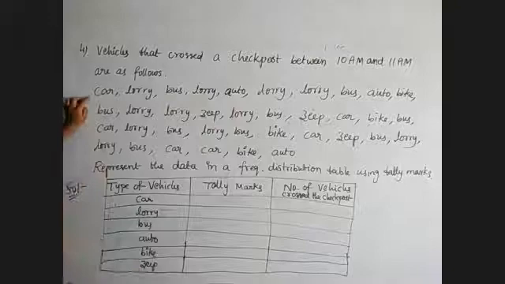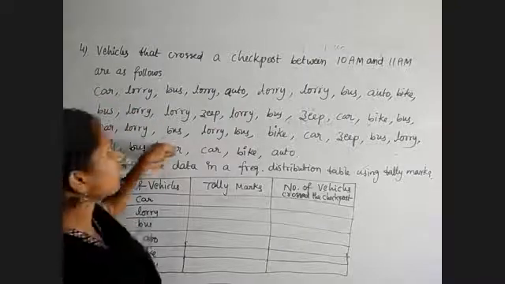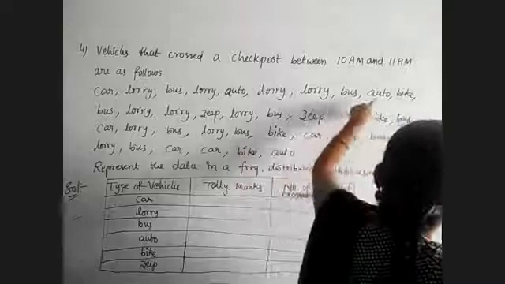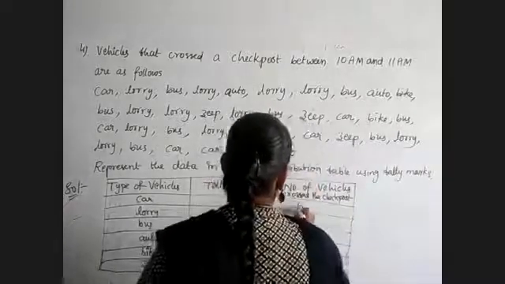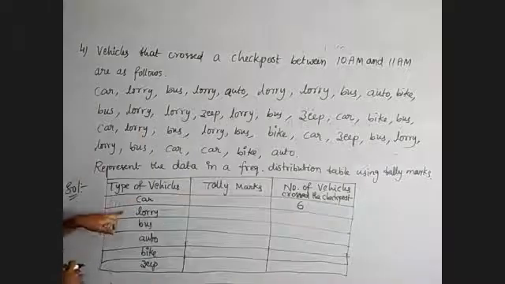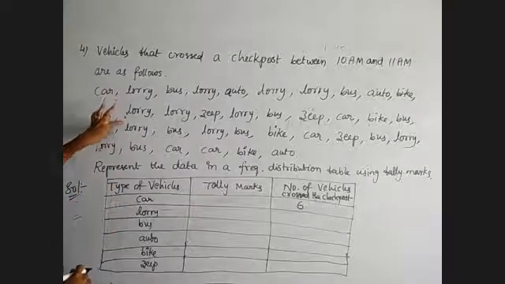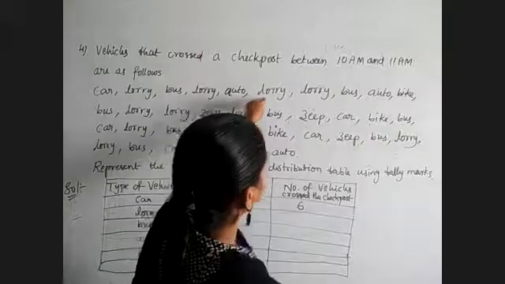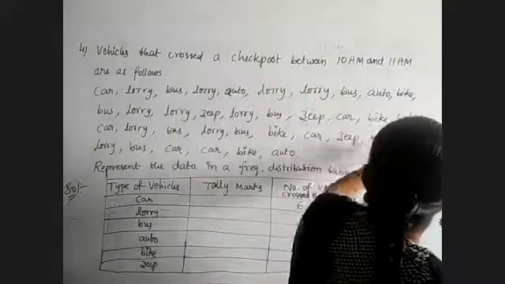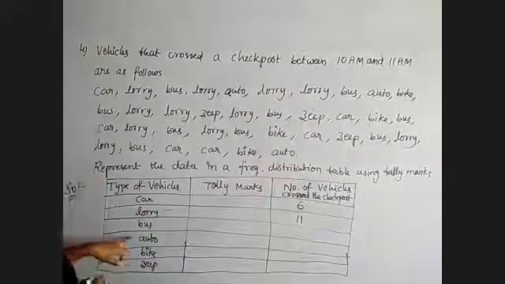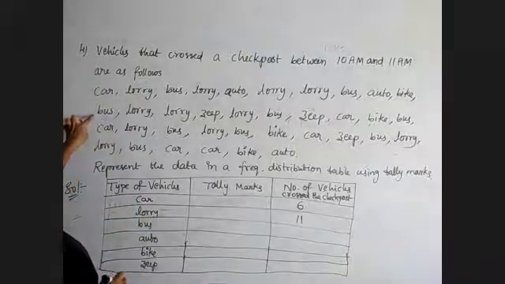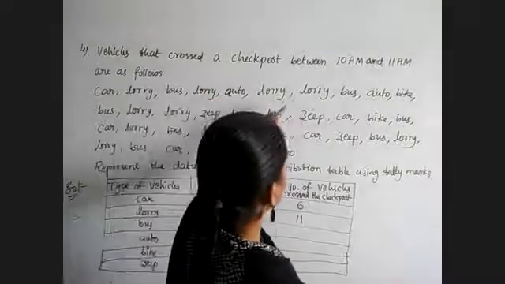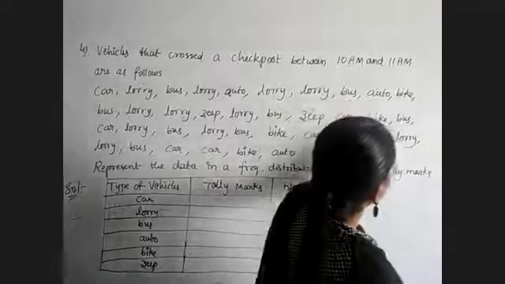So like this, we will see 1, 2, 3, 4, 5, 6. 6 cars crossed that check post, and lorry 1, 2, 3, up to 11. Next, bus 1, 2, 3, up to 9.